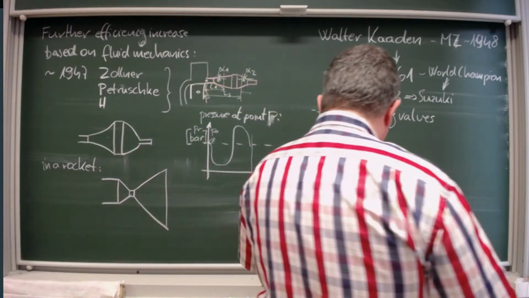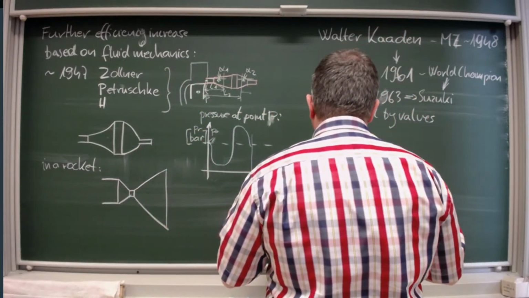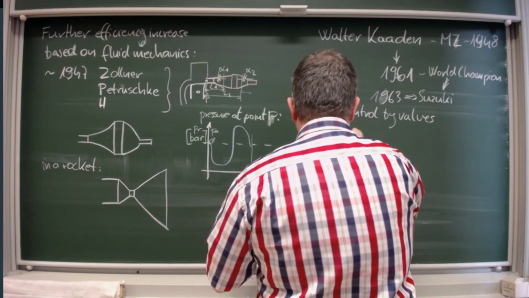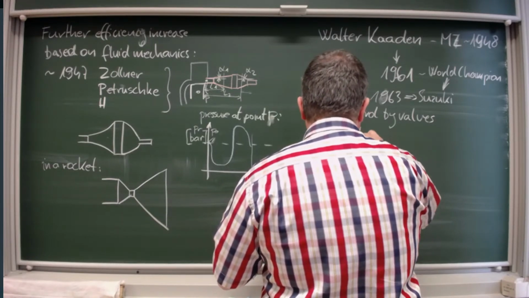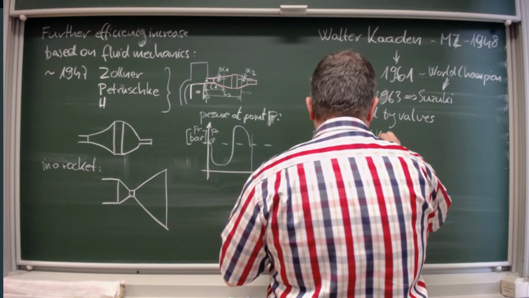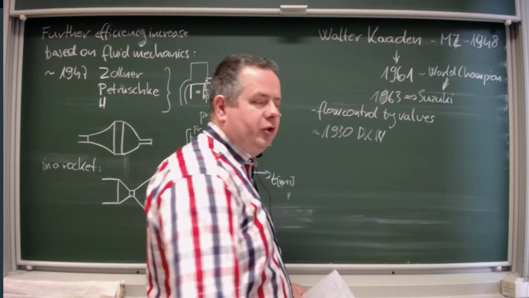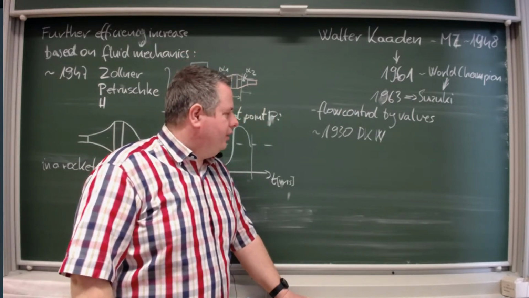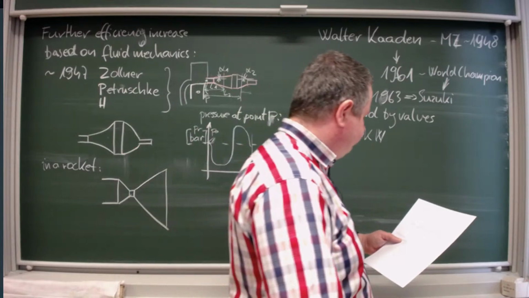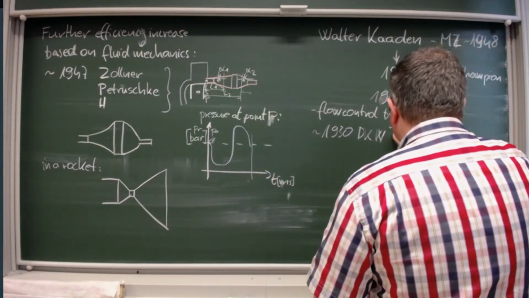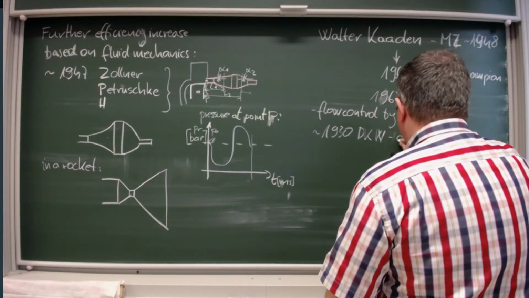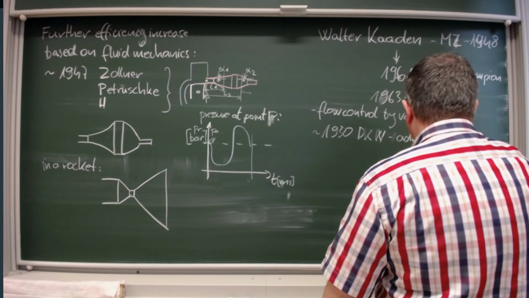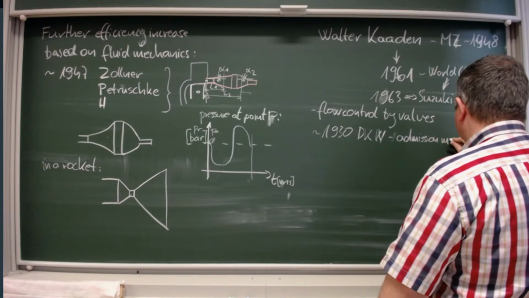So it started quite early, around the 1930s. You get the company DKW, the German motorbike company, that started to use admission membranes.